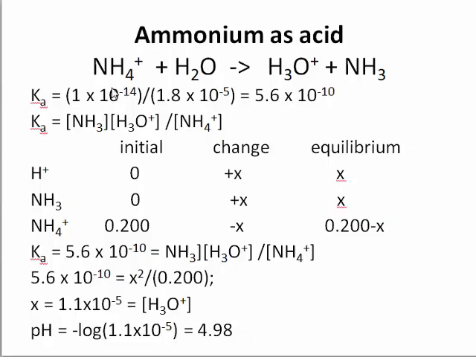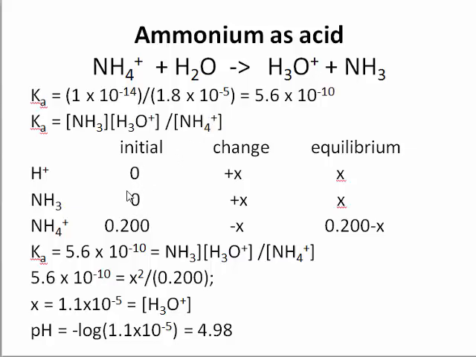Ka is Kw over Kb. Well-known Kb for ammonia is 1.8 times 10 to the negative 5. So we have an equilibrium constant of 5.6 times 10 to the negative 10 for ammonium acting like an acid. Alright, the corresponding equilibrium expression for ammonium acting like an acid has ammonia and hydronium in the numerator and ammonium in the denominator.